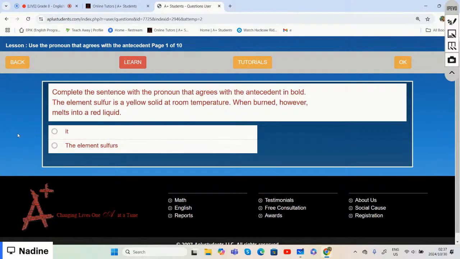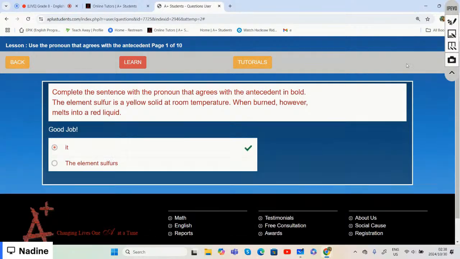And if we were to choose the correct option, it is our pronoun that refers to the element sulfur.